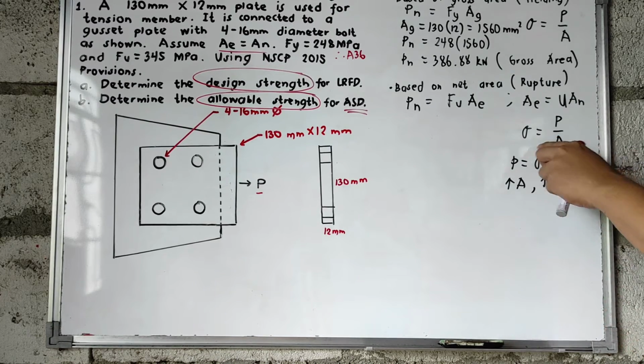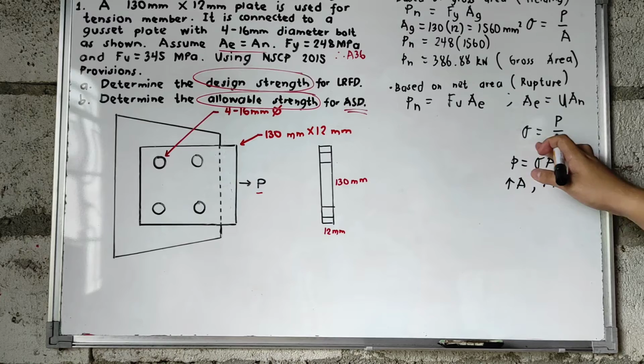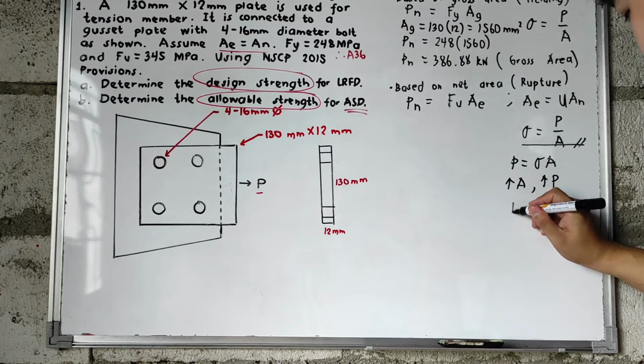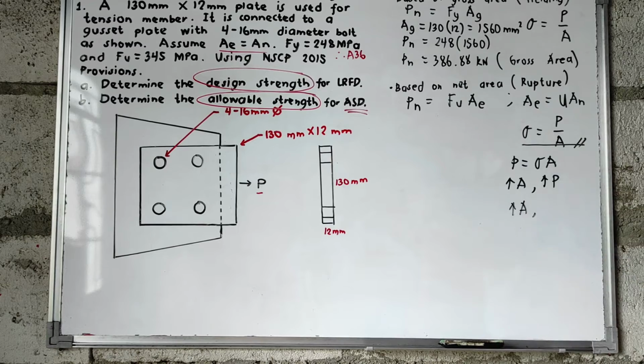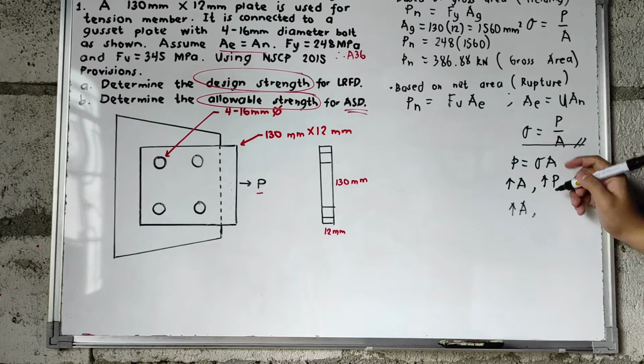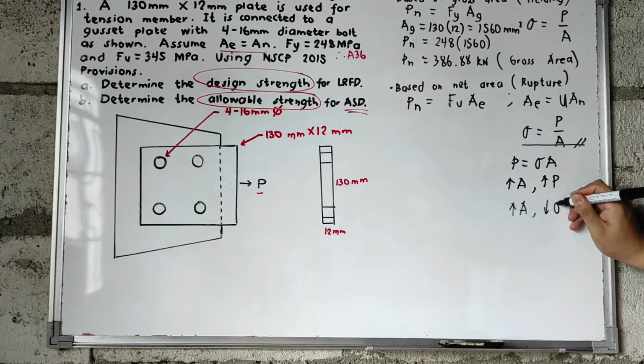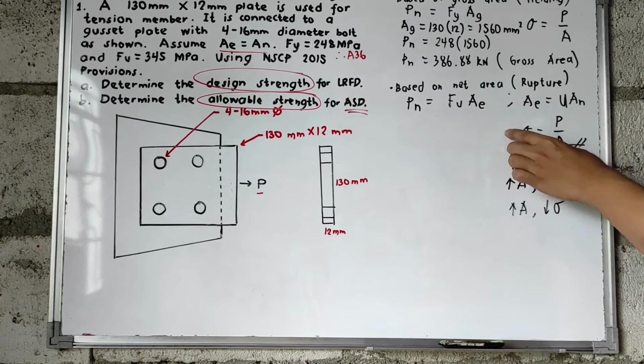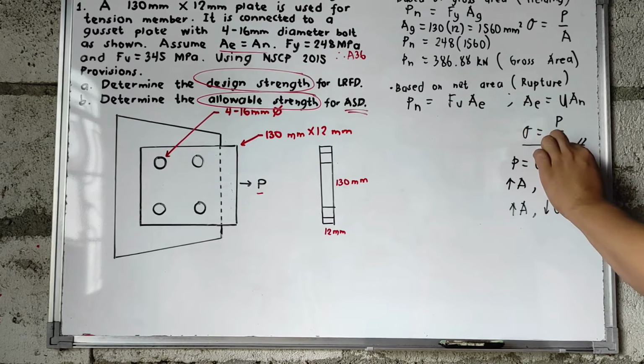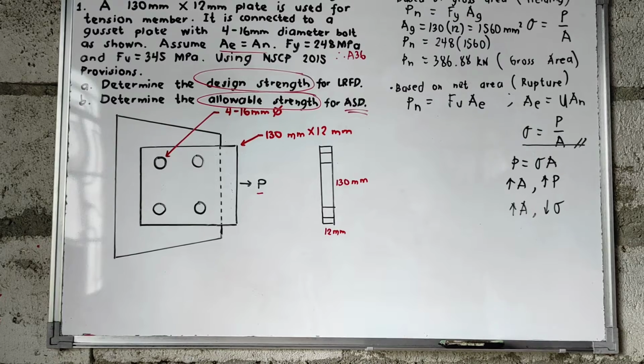Or kung dito naman tayo titingin sa stress naman, dito sa formula natin, kung tataas yung area natin, the value ng stress naman natin is bababa. Kasi ang mangyayari is inversely proportional yung stress at saka yung area natin.